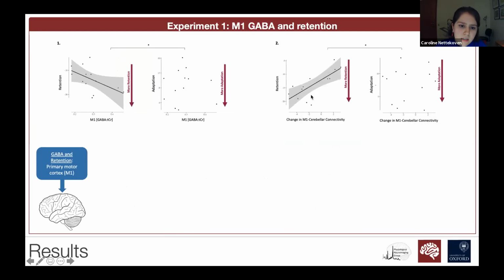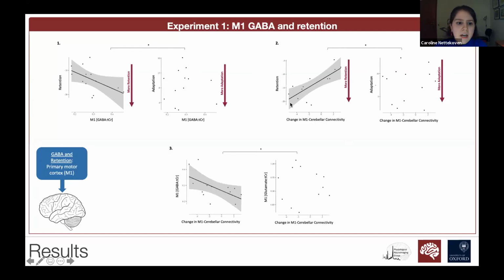We also see that the change in connectivity between left M1 hand area and the right cerebellum also correlates with retention, such that the more you decrease your connectivity, the more you retain of that adapted state. And then lastly, there's a relationship between M1 GABA and this change in M1 cerebellar connectivity. So we have a threefold relationship between the three measures.